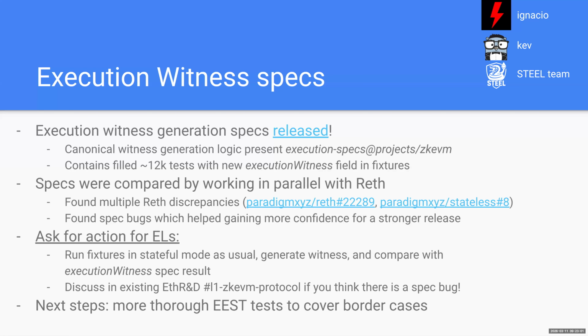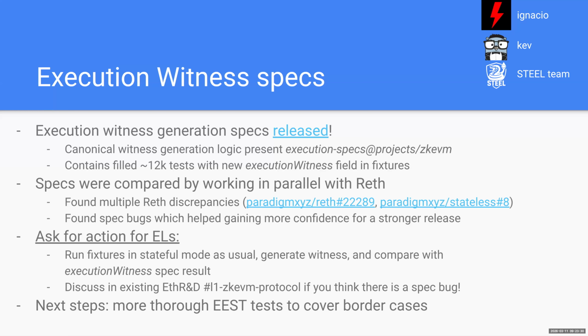And basically we found multiple changes to be done in Reth, which resulted in some PRs, so they can evaluate them and fix Reth to generate canonical execution witness. And also this allowed us to find bugs in the specs too. So this basically means that we have more confidence in inviting our ELs to start comparing with these specs.